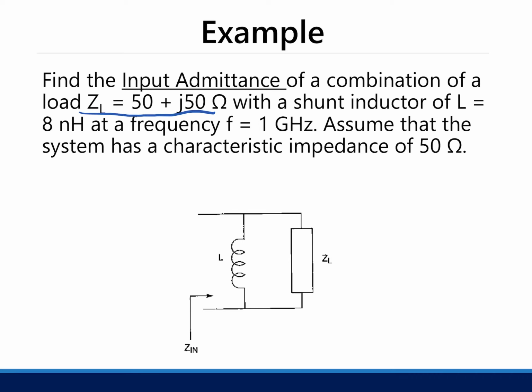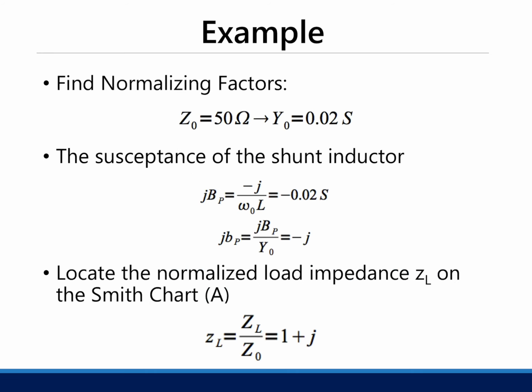Right? So, for example, find the input admittance of a combination of load. So, this is the load, and a shunt inductor of 8 nanohenry at the frequency of 1 gigahertz, assuming that the characteristic impedance is 50 ohms. Okay. So, first get the normalizing factors. To get the characteristic admittance, you get the reciprocal of Z0.